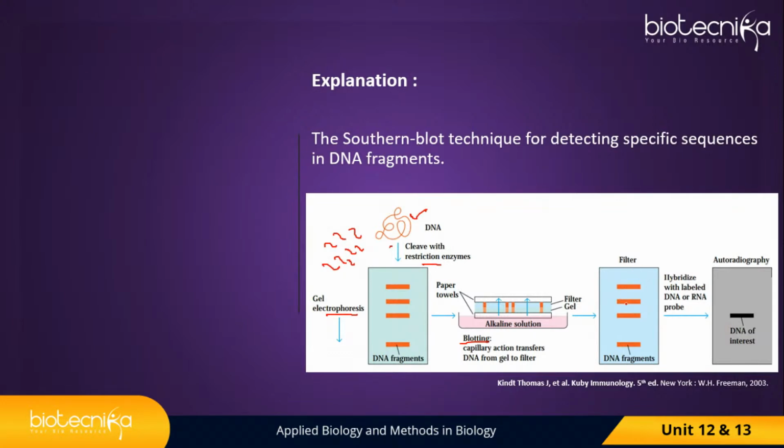Once the DNA fragments are on the filter, you perform hybridization. The key to the Southern blot method is hybridization. We use a radiolabeled probe, which is complementary to the DNA sequence of our interest, and it will bind to it. On performing autoradiography, you can see the DNA of our interest, right?